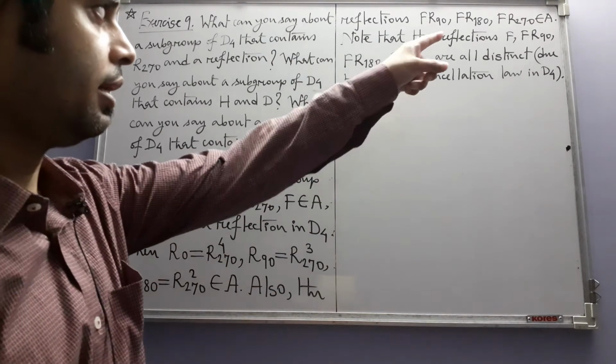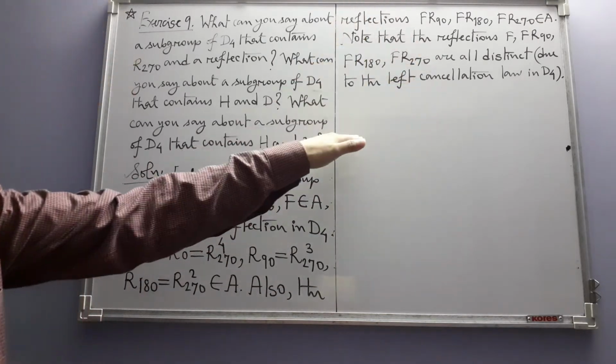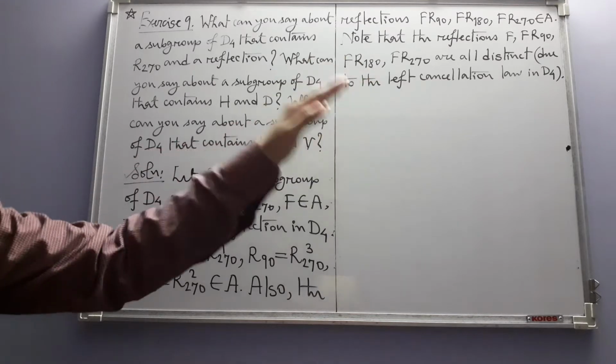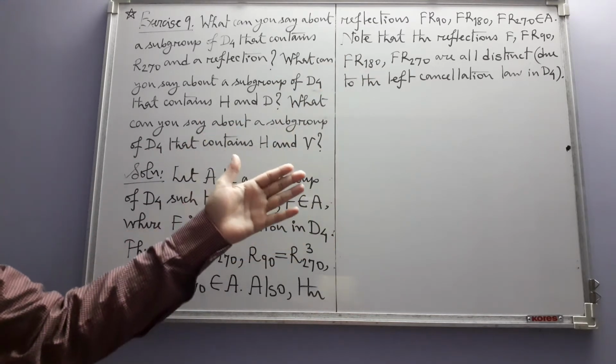If you suppose that any two of them are equal, you can cancel it from both sides, leading you to a contradiction. So that's why they are all distinct.